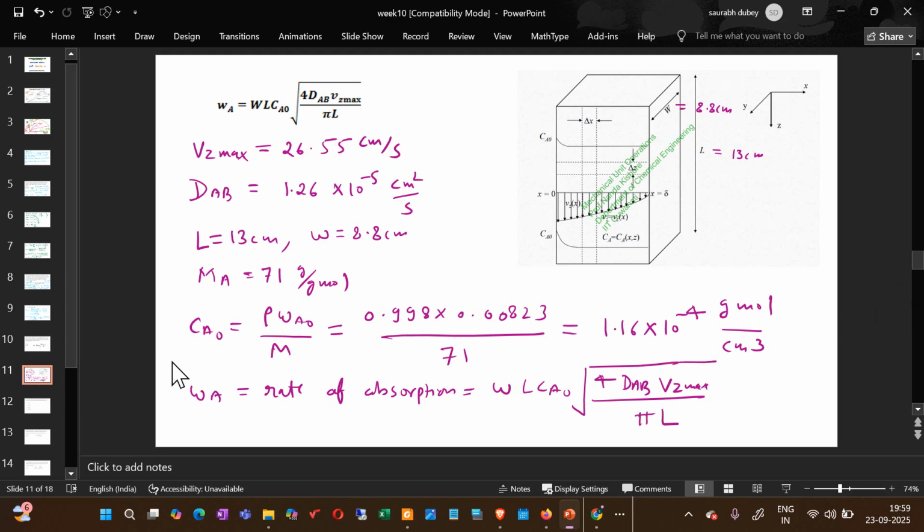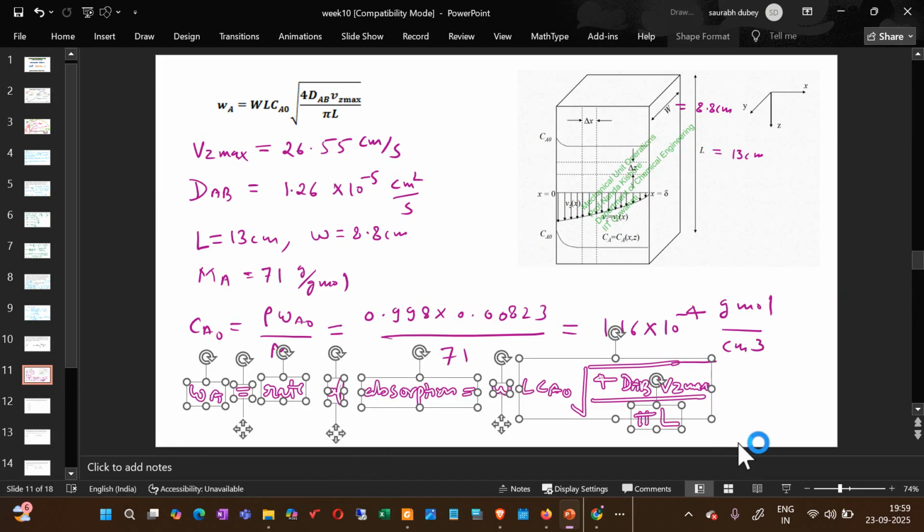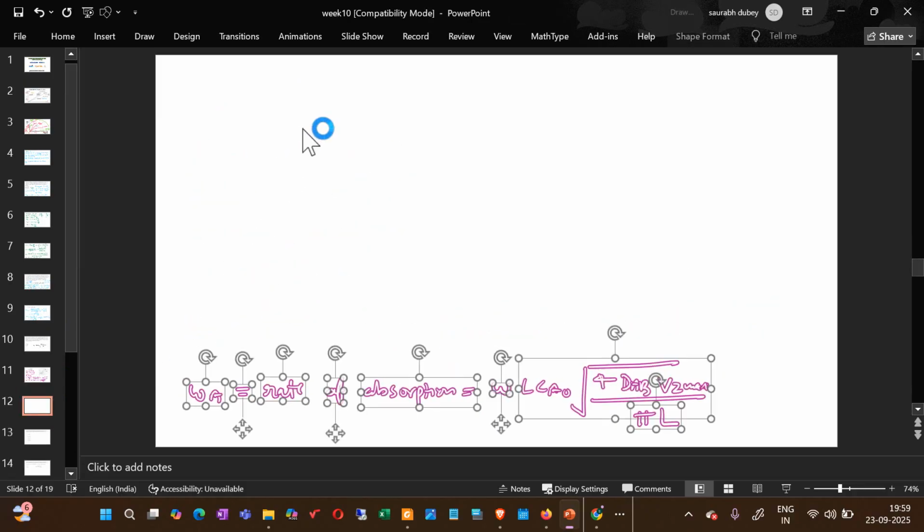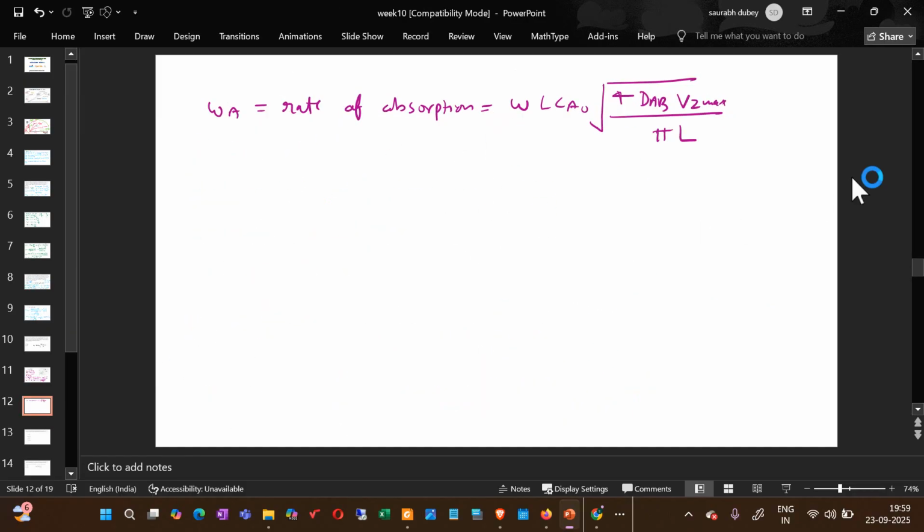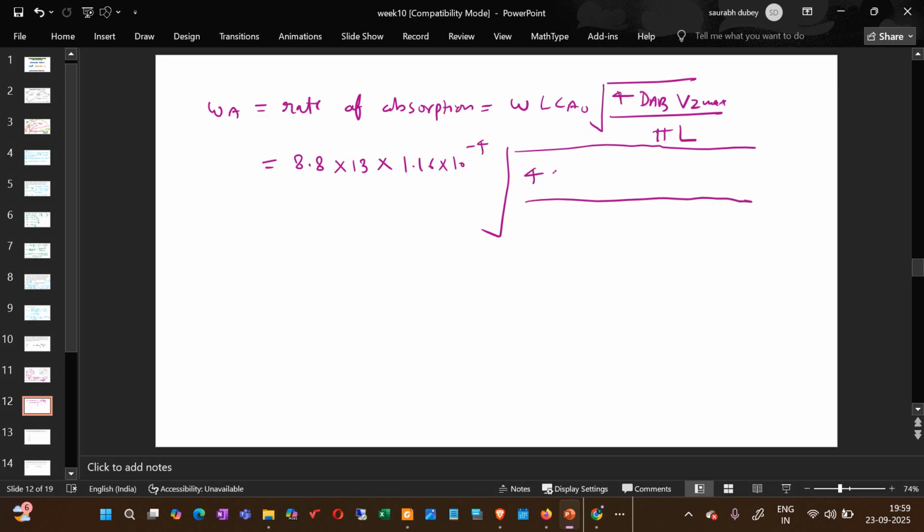So let's take this: it is 8.8 into 13 into the values, giving gram mole per hour.